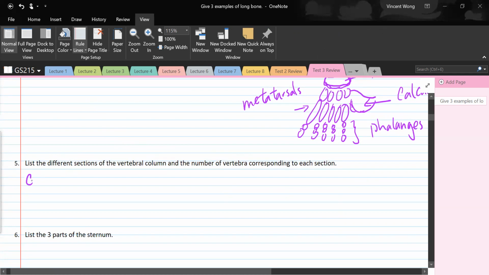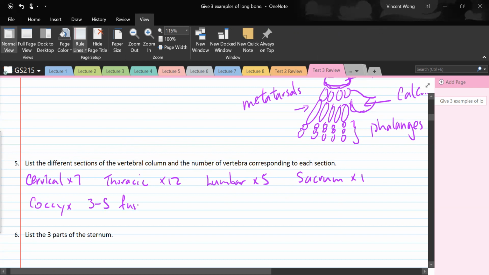So we have the cervical, 7 of them, thoracic, 12, lumbar, 5, sacrum, just 1, and we have the coccyx, which is the tailbone, right? It's like 3 to 5 fused together. Okay.